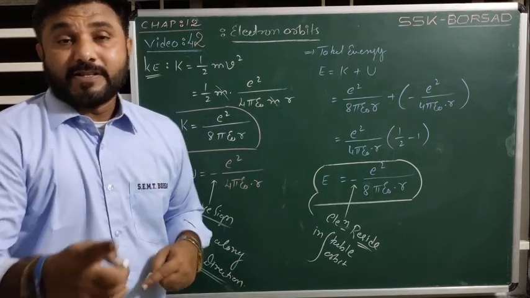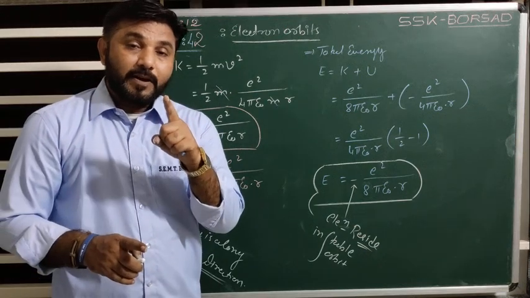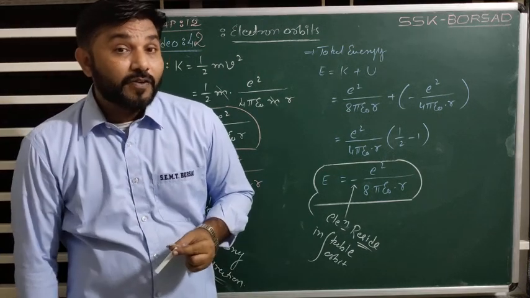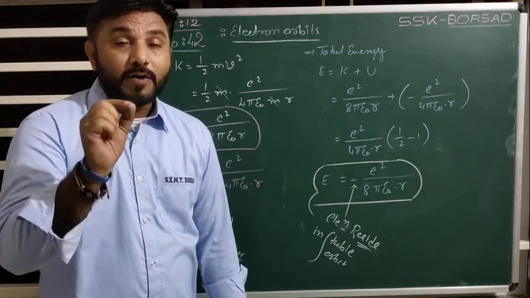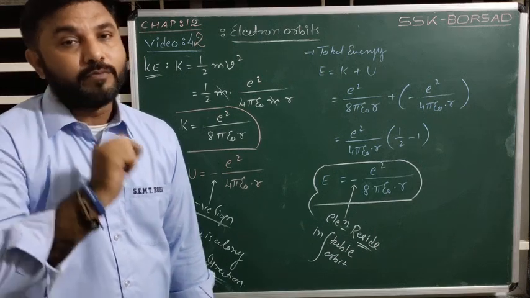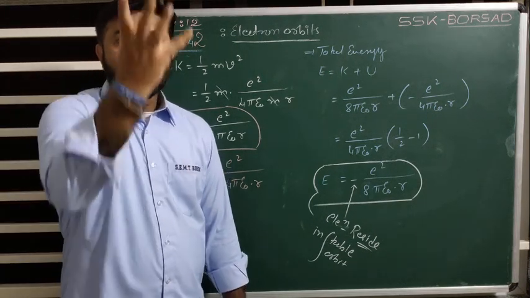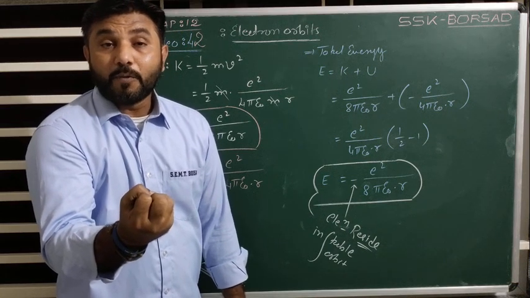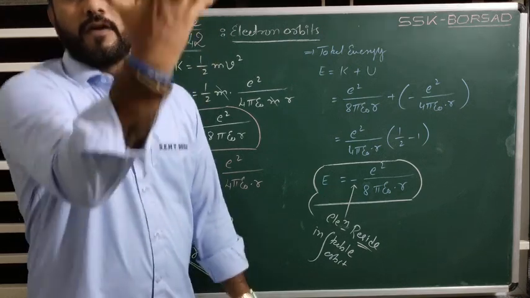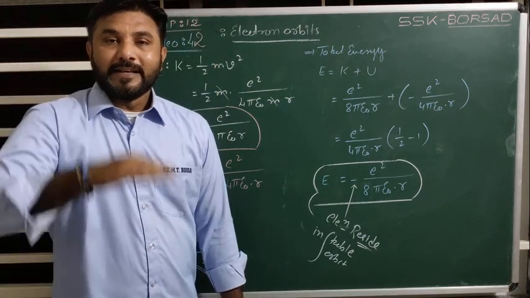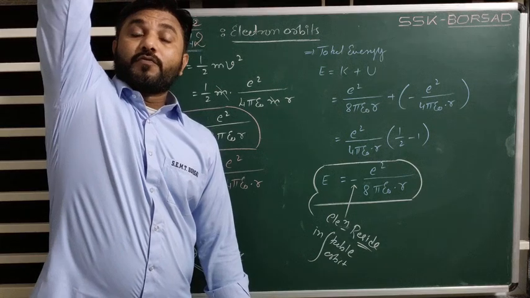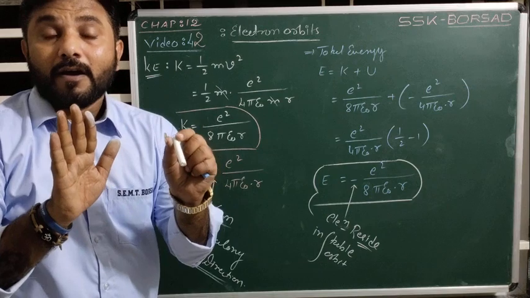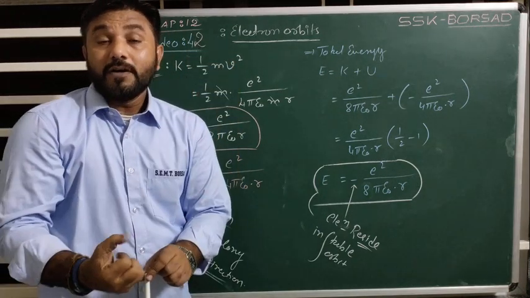It is similar to questions that we have seen in the chapter gravitation of 11th standard. Escape velocity of a satellite. Potential energy was negative. Got it? And because of that, it will remain on the earth. But if the potential energy is positive, then what will happen? The satellite goes out from the gravitational field of the earth, and it cannot be brought back to the earth.